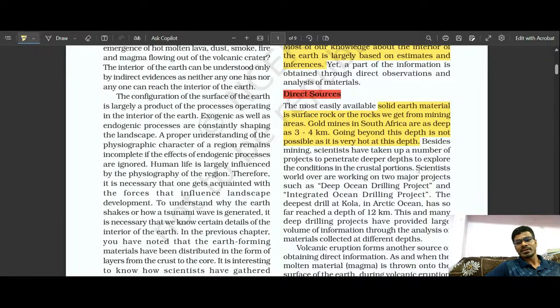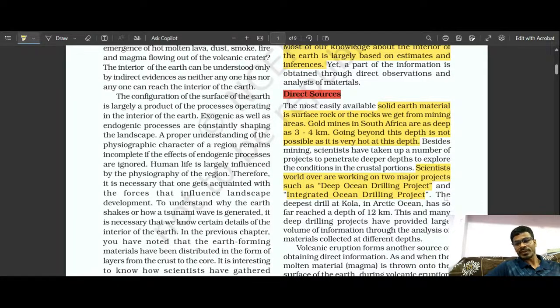Scientists worldwide are working on two major projects: the Deep Ocean Drilling Project and the Integrated Ocean Drilling Project. These two projects are in operation.